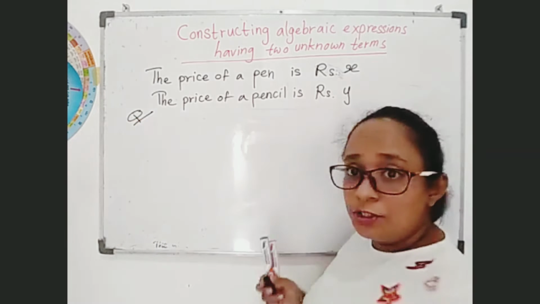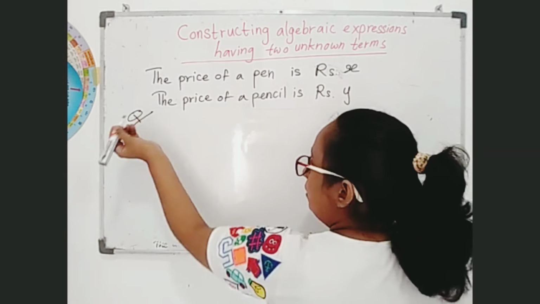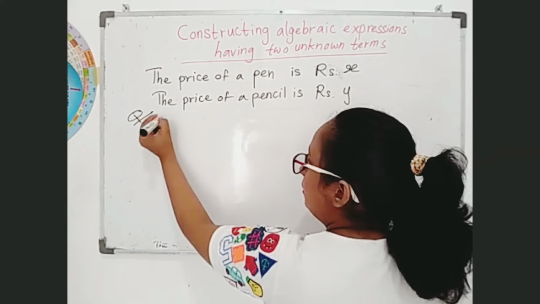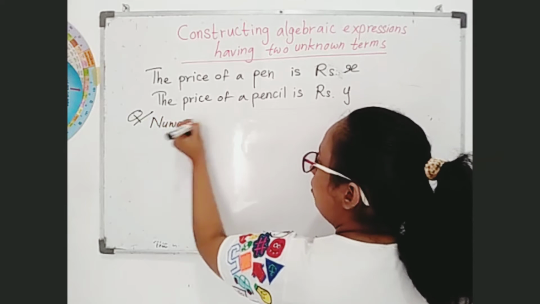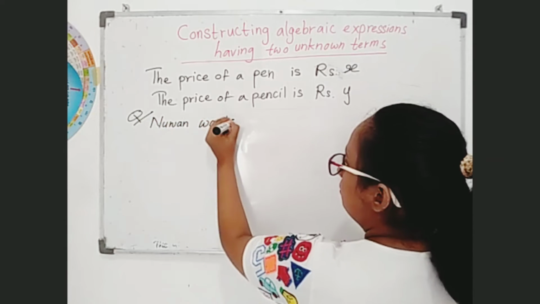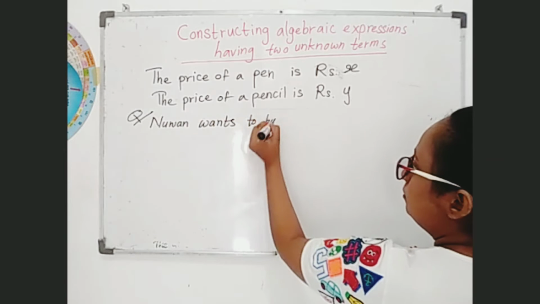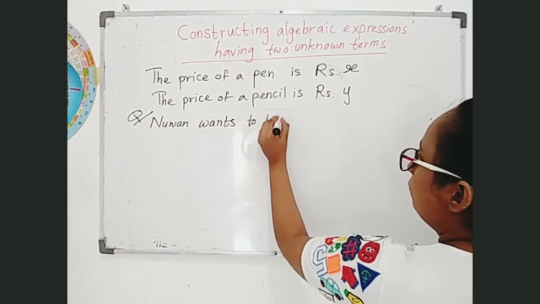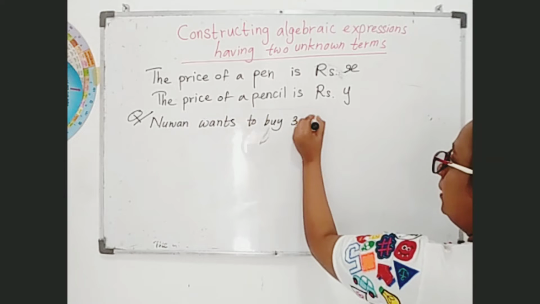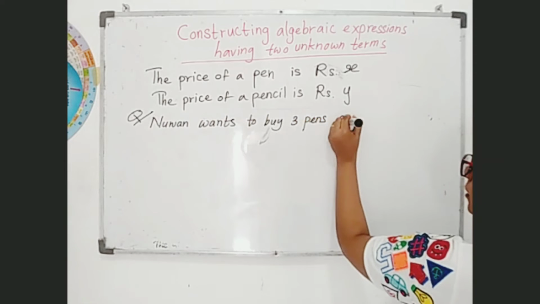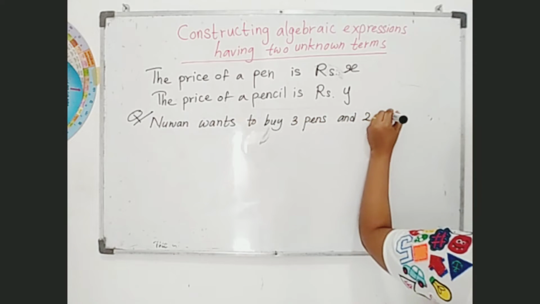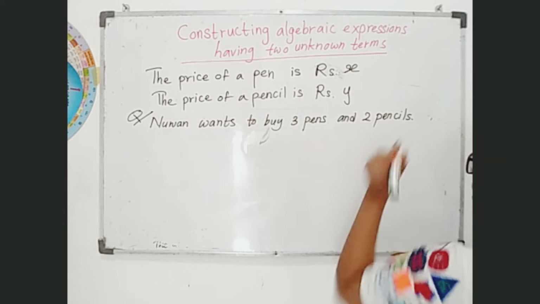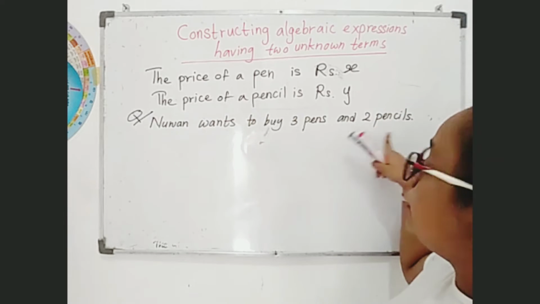So we'll write it as a question. Right? So let's say we'll give a name. Nuan wants to buy 3 pens and 2 pencils.